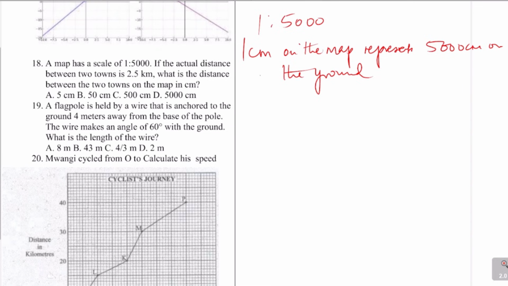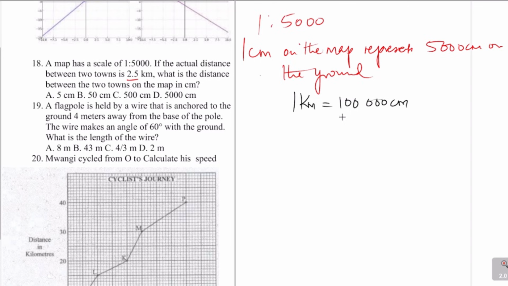Because you're given the distance in kilometers, you need to convert these 5,000 centimeters to kilometers. And how do you do that? By using this formula: 1 kilometer is equivalent to 100,000 centimeters.